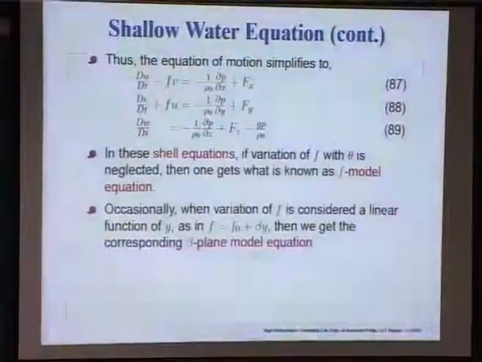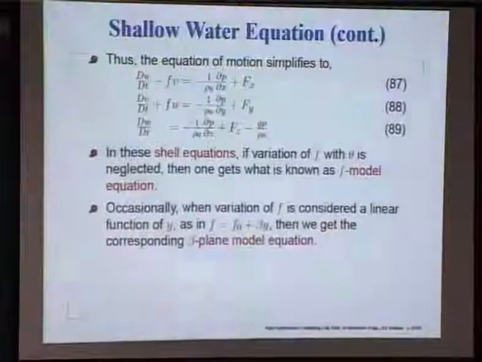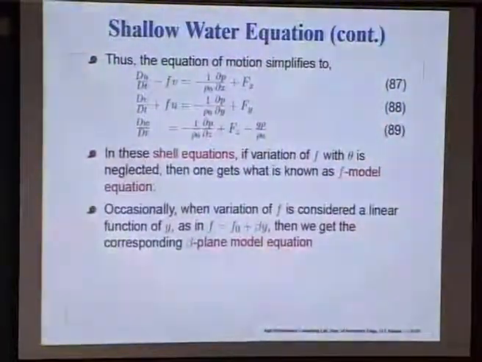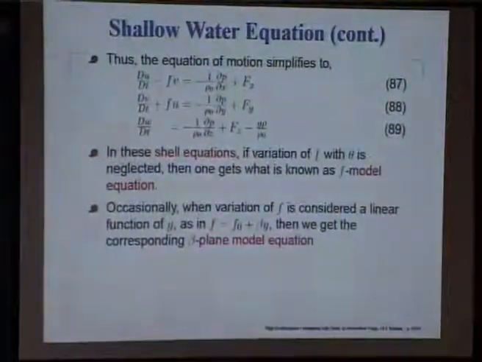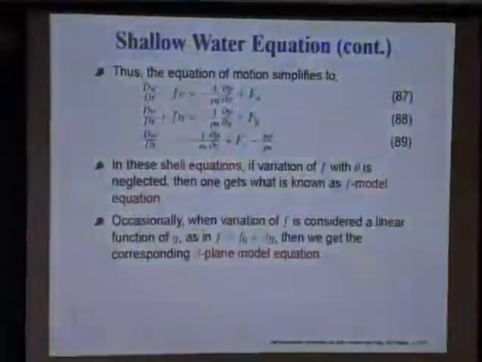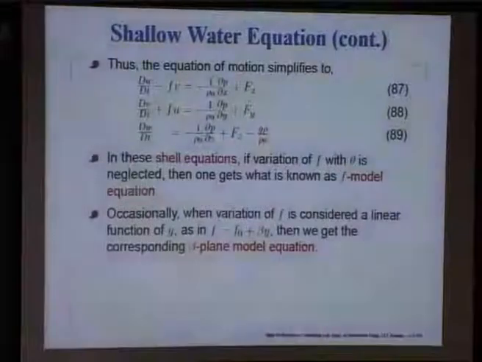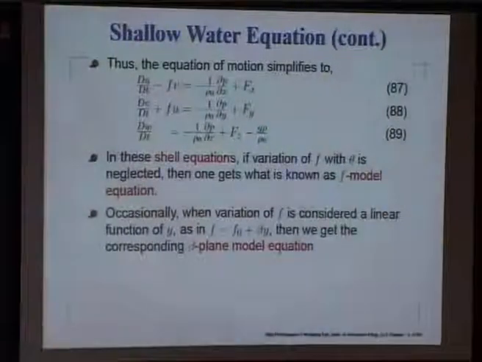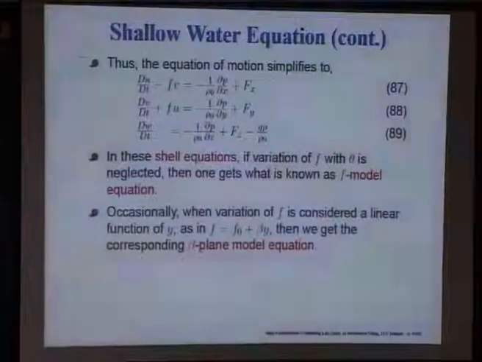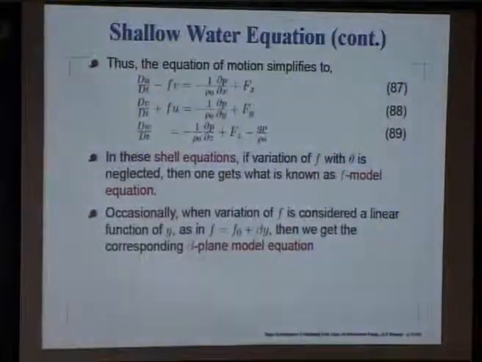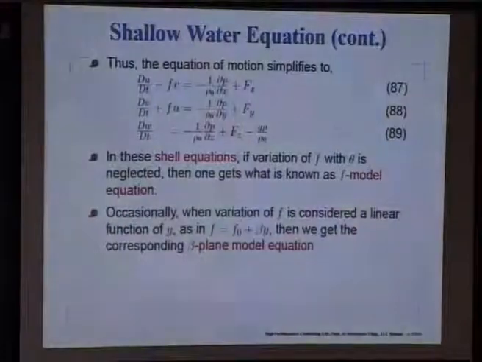In this description again you can think of 2 variations. These are written for shells, and if you decide to investigate in a narrow region, then you can afford the luxury of assuming f as constant, and if you do, the corresponding equations are called the f model equations. Okay.